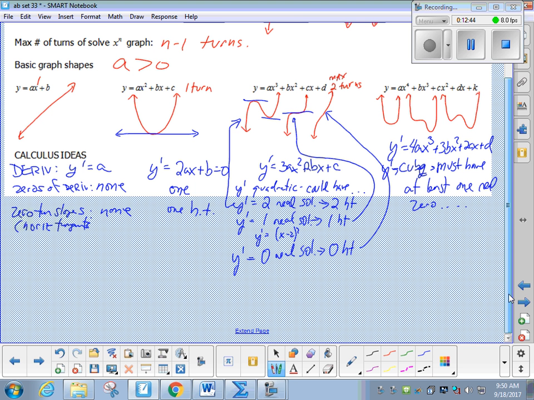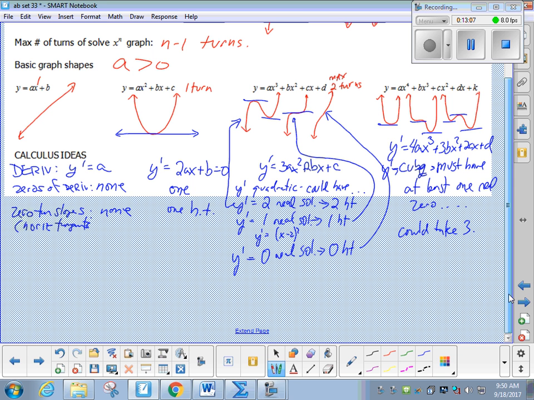If you look at these graphs, doesn't every one of them have at least one horizontal tangent? At least one. It's got to. It can't go up and up if it doesn't turn at some point, right? So it must have at least one. It could take up to 3 turns.